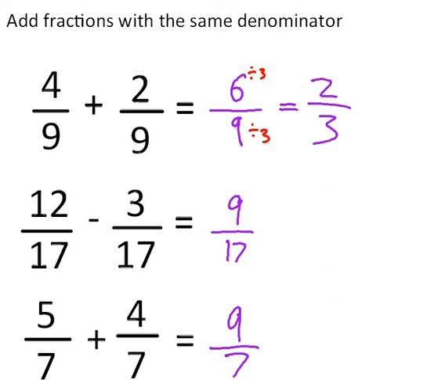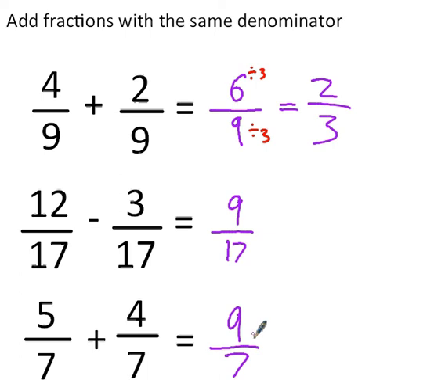Divide top and bottom by 1. 9 divided by 1 is 9. 17 divided by 1 is 17, and you've not achieved anything. Okay, so what I'm saying there is that because they didn't have a common factor other than 1, we had found a fraction in its simplest form and didn't need to do anything more than that.